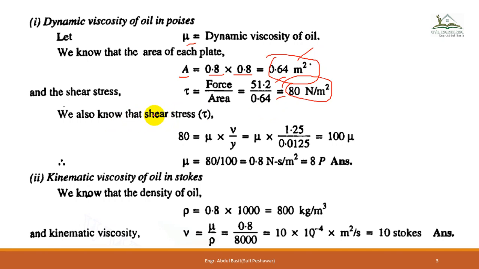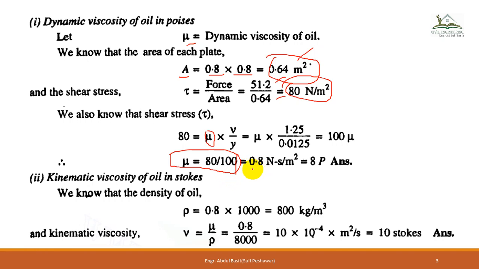So the shear stress tau is equal to mu multiplied by v divided by y. From here if you want to find mu, take it to one side, and mu is equal to this thing. Dividing it by 10, you need to divide it by 10, not by 100.